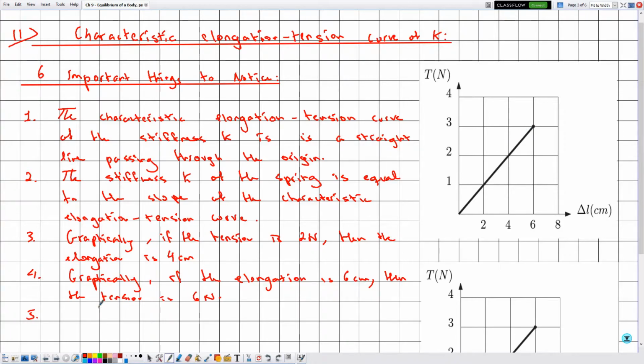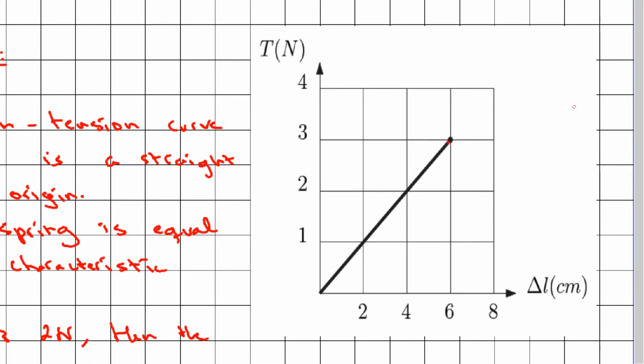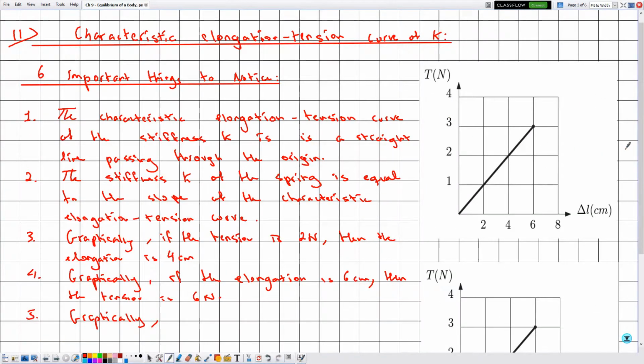Then let me say graphically, this point is characterized by two values. So the maximum tension in this case is given by 3 newtons. So if any applied force to the spring is greater than 3 newtons, then the spring may break out, may lose elasticity or break out.